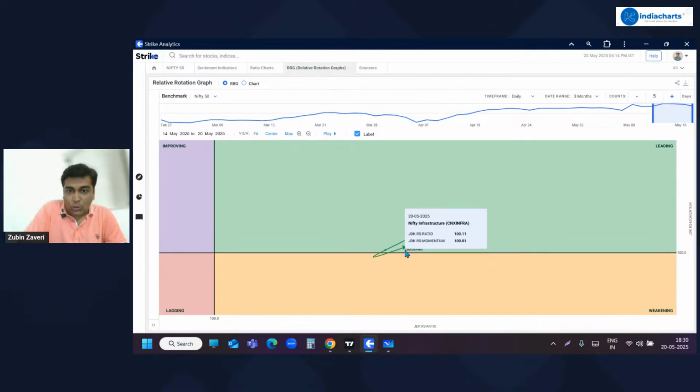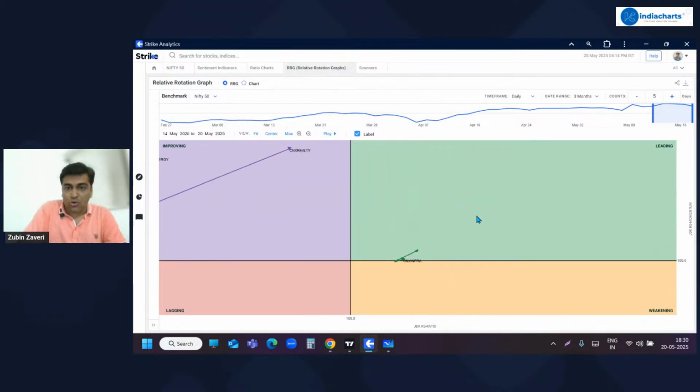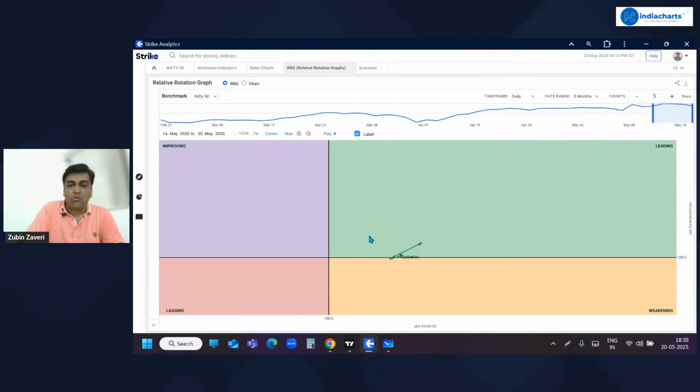If infra comes up over here tomorrow, or gets down in a big tail, then we will have something to understand about infra. But right now we cannot analyze infra much, and we can come to the conclusion that infra is kind of a stable outperformer compared to the benchmark Nifty 50.